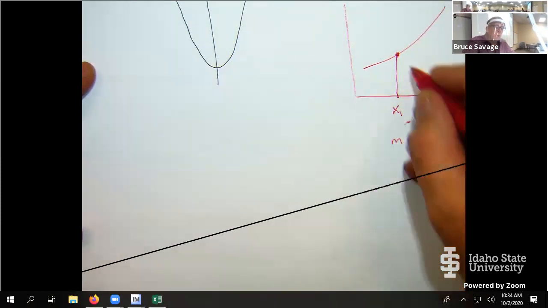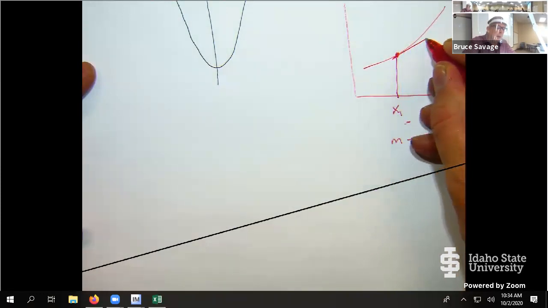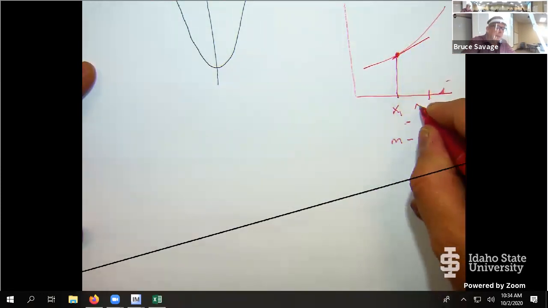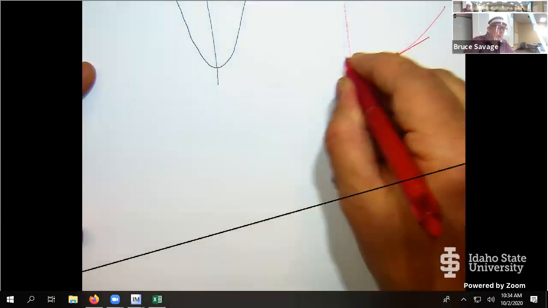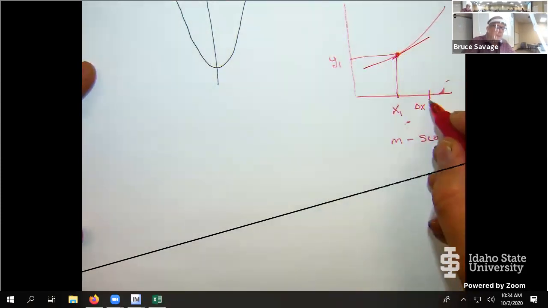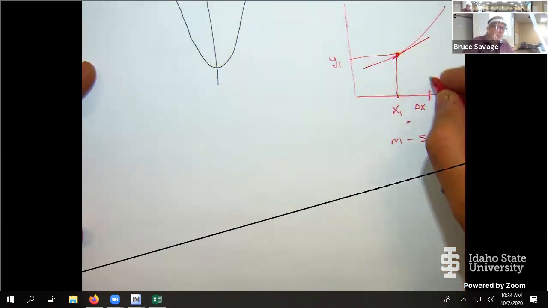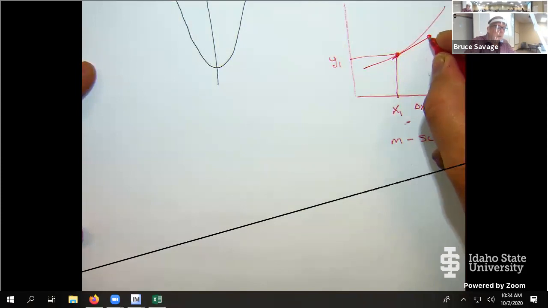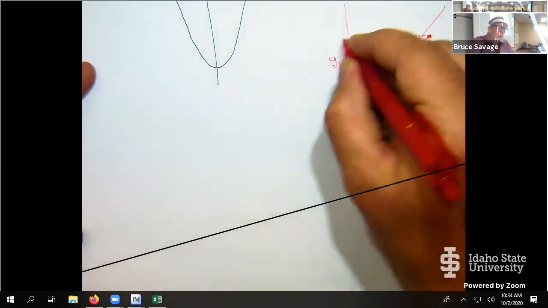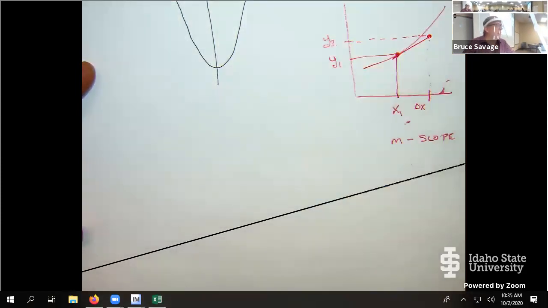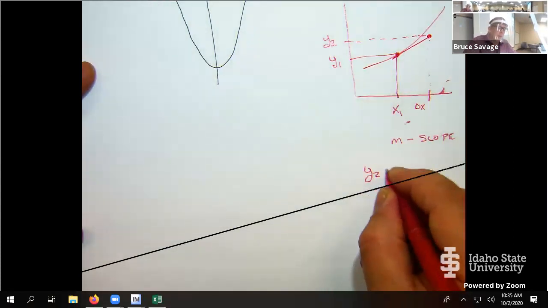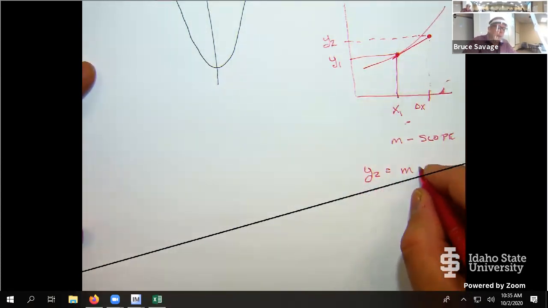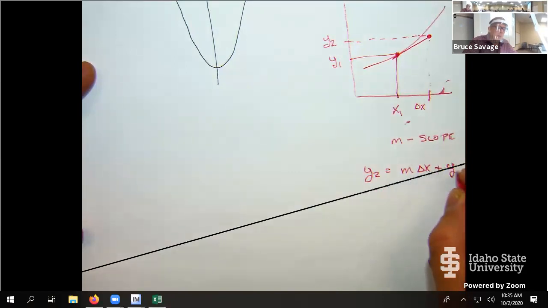So if I know the slope, I can project the slope up. For some delta x, x1 is correlated to a y1, and I can then predict what my new y sub 2 will be, because y sub 2 is equal to m times delta x plus y sub 1.